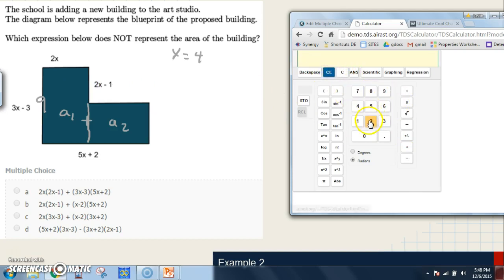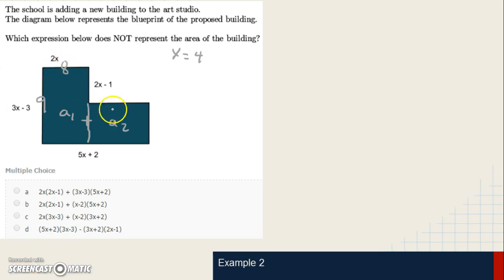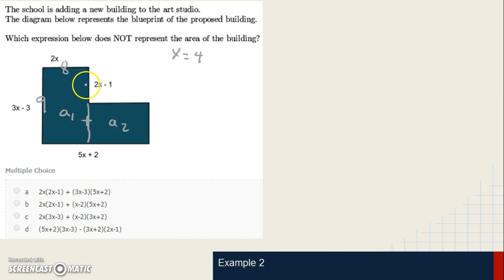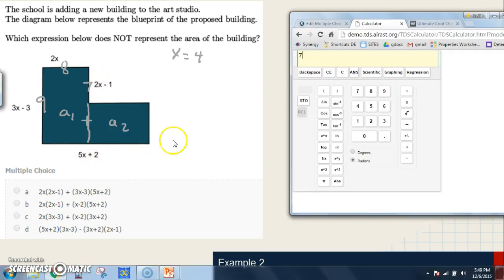Didn't clear the calculator before I typed it in. 2 times 4 is 8. 2x minus 1, that's going to be 2 times 4 minus 1, 7. And then the bottom one, 5x, so 5 times 4 plus 2, 22.